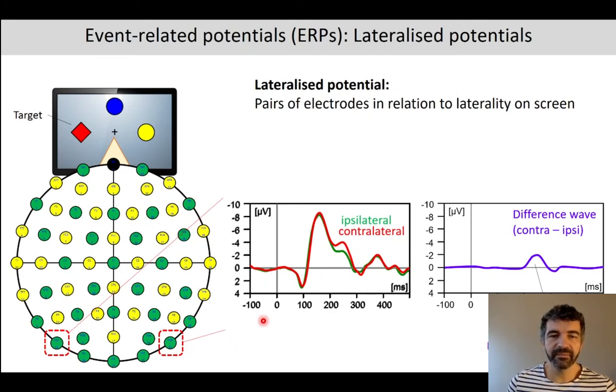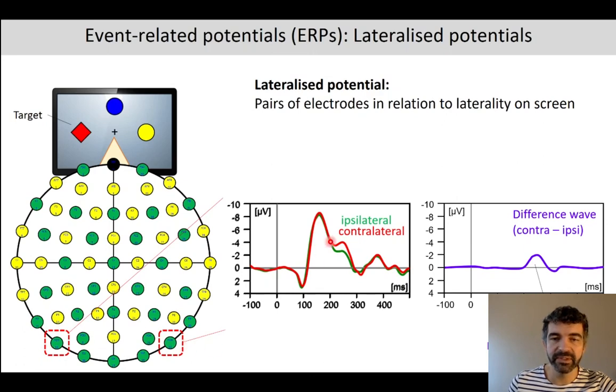Another advantage is that, remember, there's always some noise, and if we calculate the difference between contra and ipsi, we're subtracting any kind of noise that would be affecting PT7 and PT8. Imagine, for example, some movement of the head that affects PT7 and PT8 the same way.